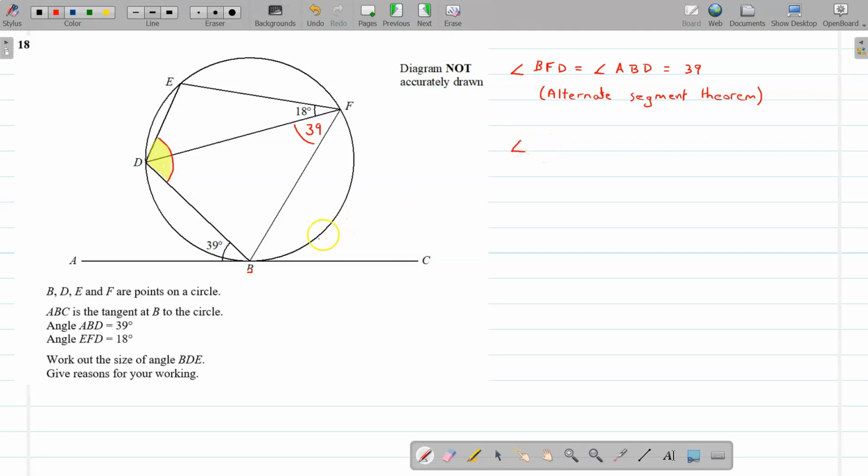So angle BFE, so that's the sum of 39 and 18. So BFE plus my angle that I need, which is BDE, equals 180.